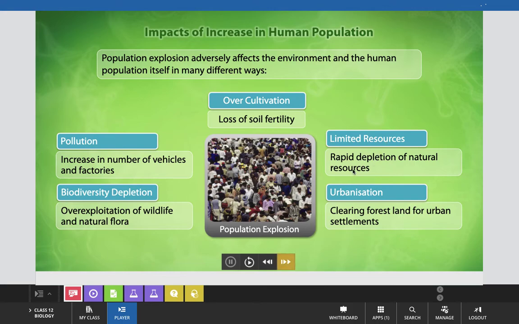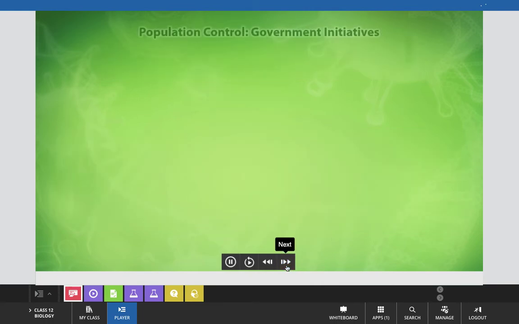Limited resources: rapid depletion of natural resources causes limited resources. And urbanization: clearing forest land for urban settlement is going on, and in that way population explosion of the human population leads to so many problems for the human species in the coming future.